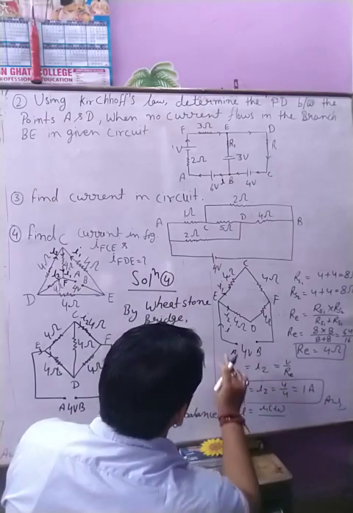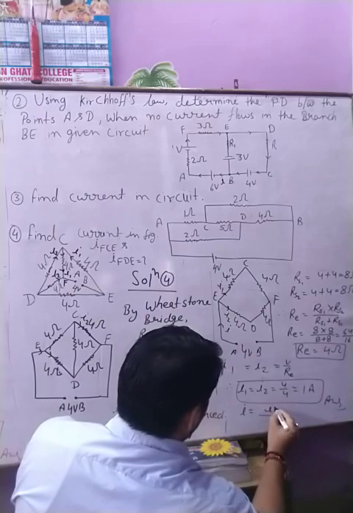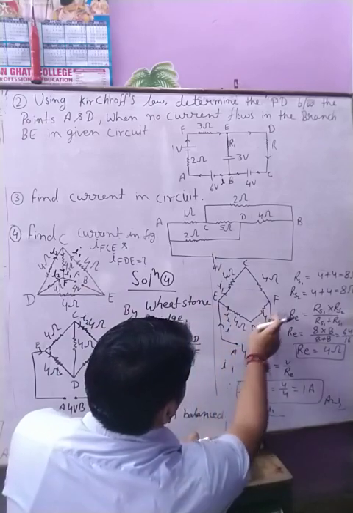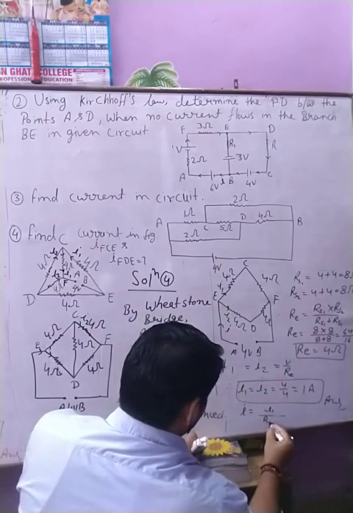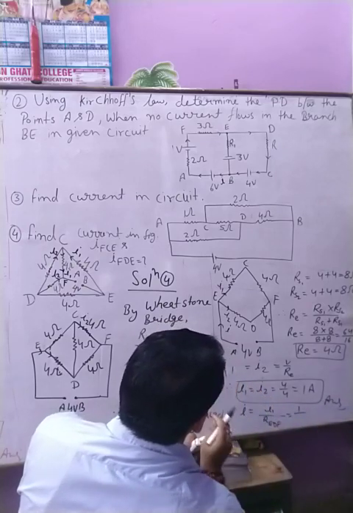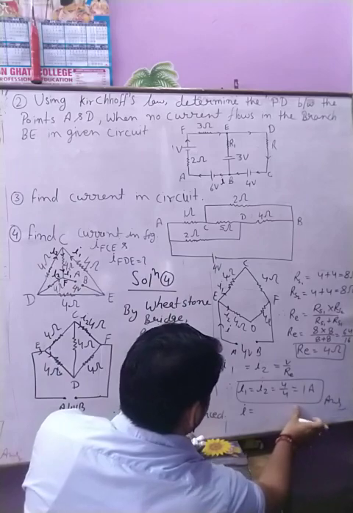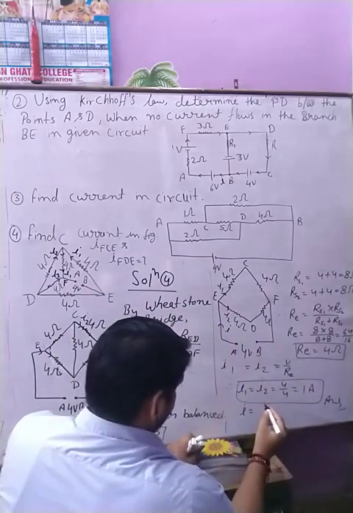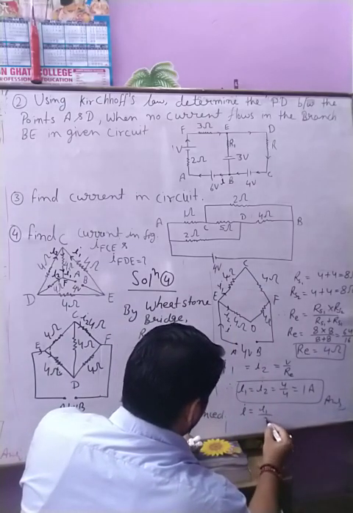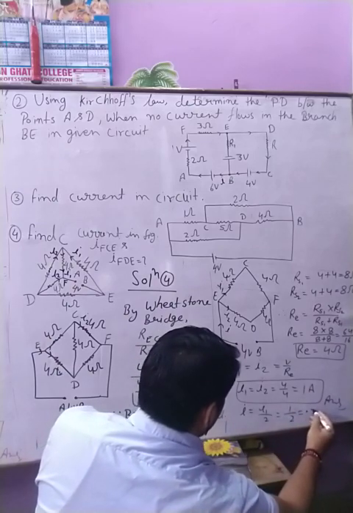Now I1 upon resistance in EDF. This current I is divided in two parts, that is I1 upon 2, which we get 1 upon 2, which is 0.5 ampere.